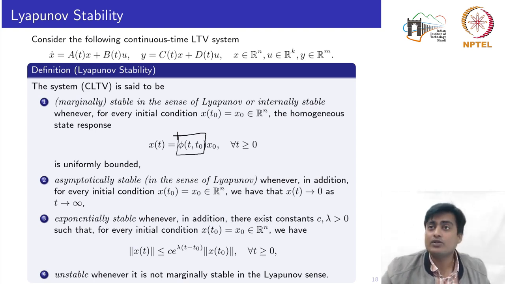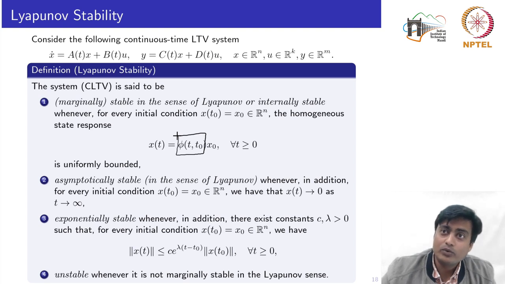So either I compute the solution, because once the solution is available to me from the initial value up to t tends to infinity, if the trajectory is bounded or reaching towards zero, I can speak about the stability. But for that I need to compute the solution.